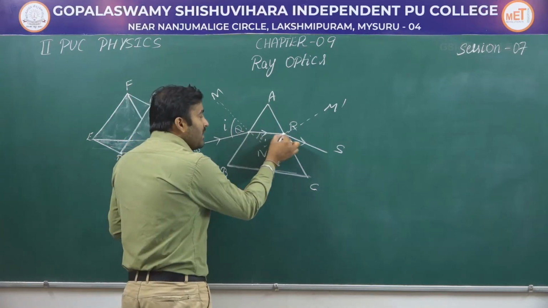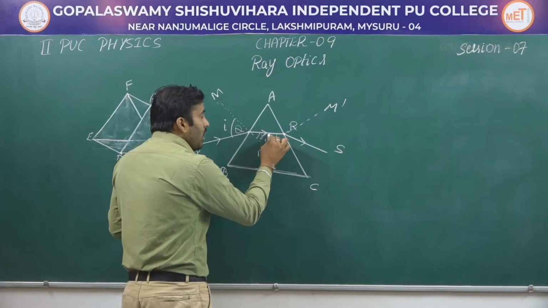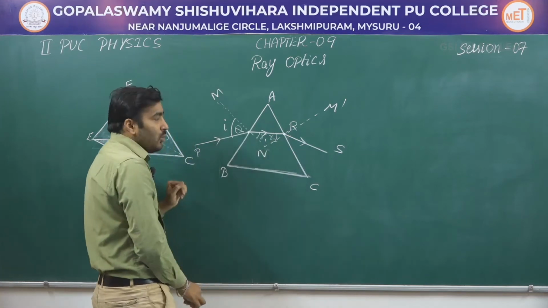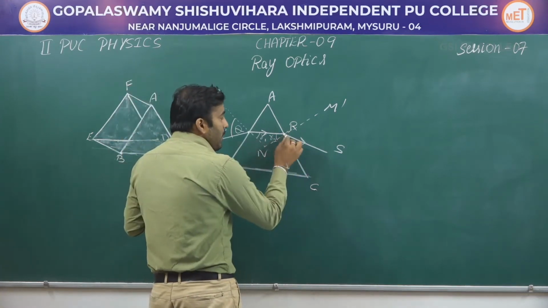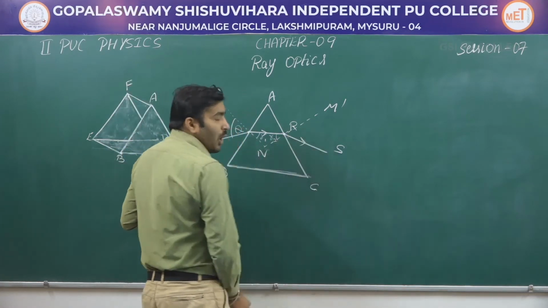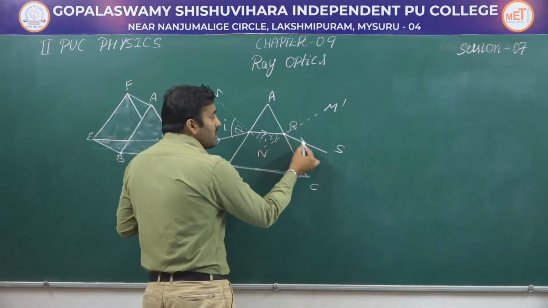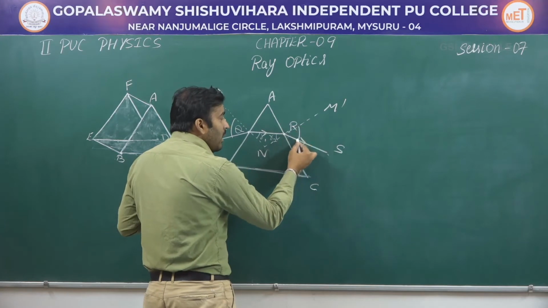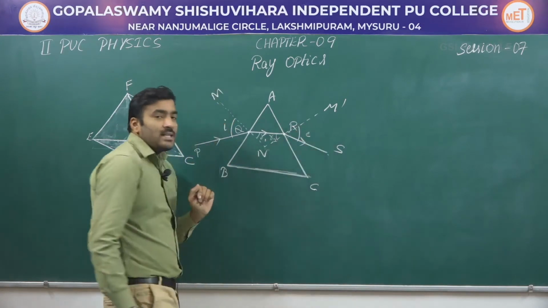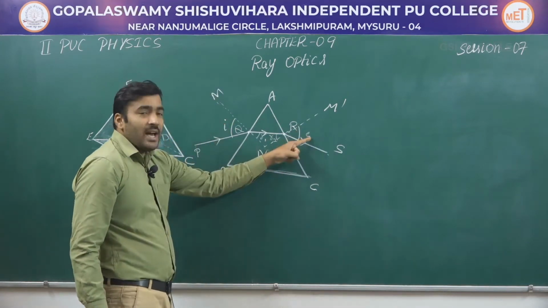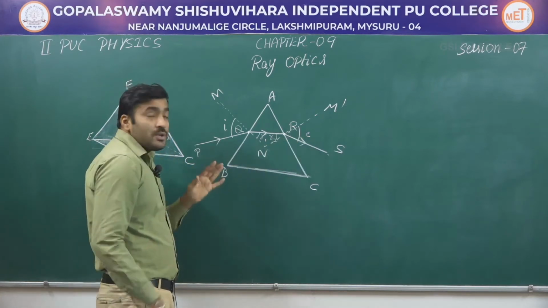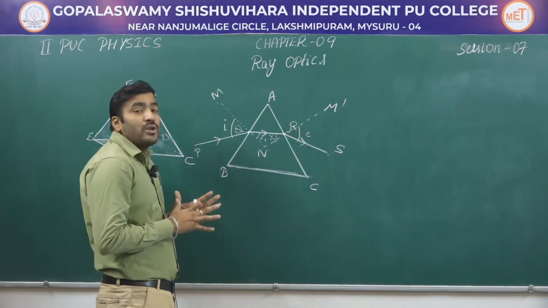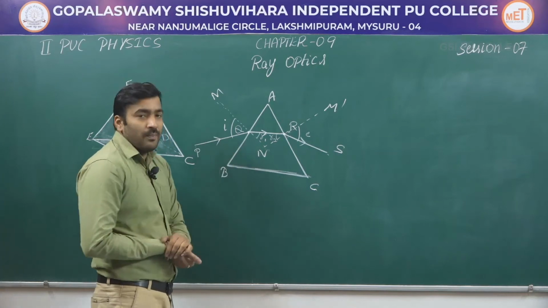Therefore the angle made by the refracted ray with this normal is R2. Very importantly, when the ray emerges out of the prism, the emergent ray makes an angle E, which is called the angle of emergence. This is how the ray bends in the case of a prism.